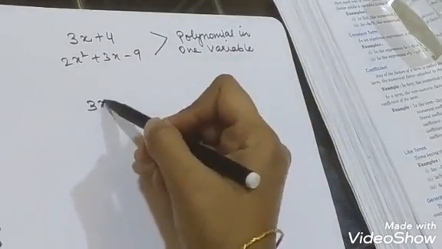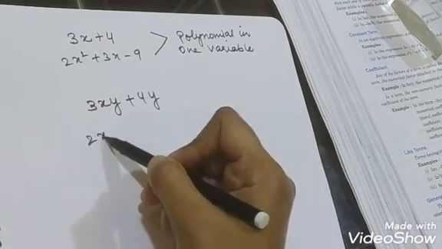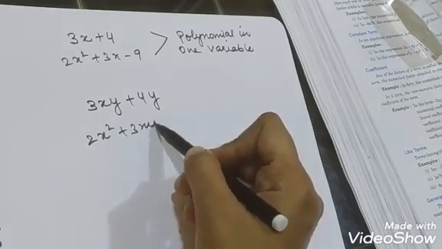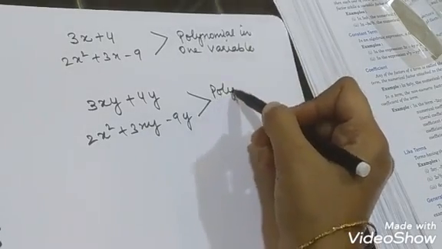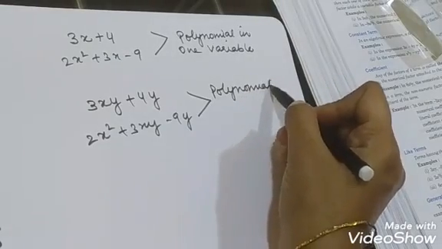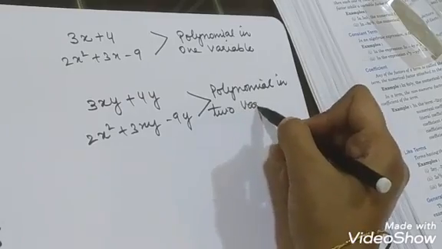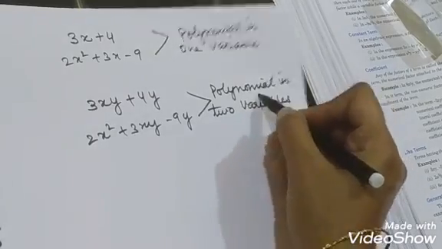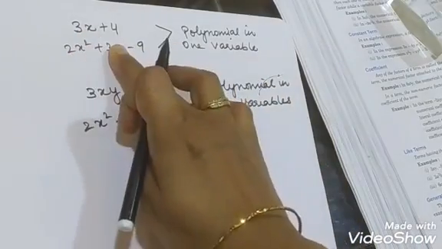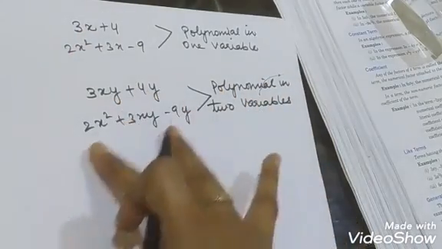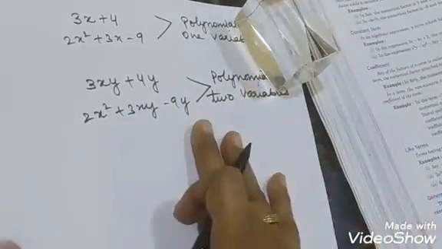And if it is written 3xy plus 4y or 2x square plus 3xy minus 9y, then such polynomial is called polynomial in two variables. Okay, so such polynomial is called polynomial in one variable in which only one variable x is there, and if two types of variables are there, then it is called polynomial in two variables.